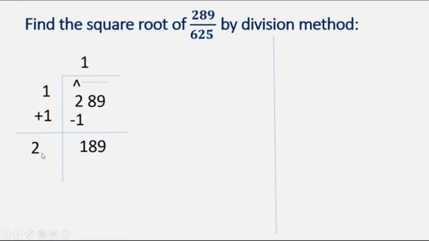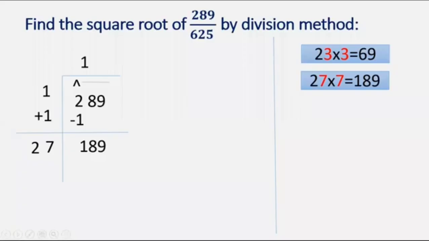89 is a pair, so we have to copy 89 together. Now here I want with 2 a number which multiplied by itself gives 189. Okay, now in the rough column, we can take here 27 into 7 is 189, right? 27 into 7 is 189, and on the left hand side 7 is going to be added over here.